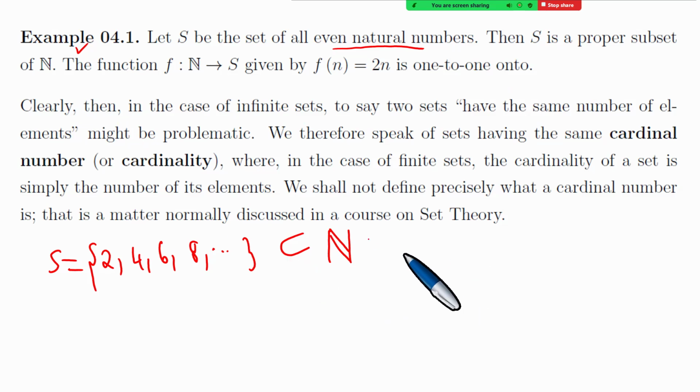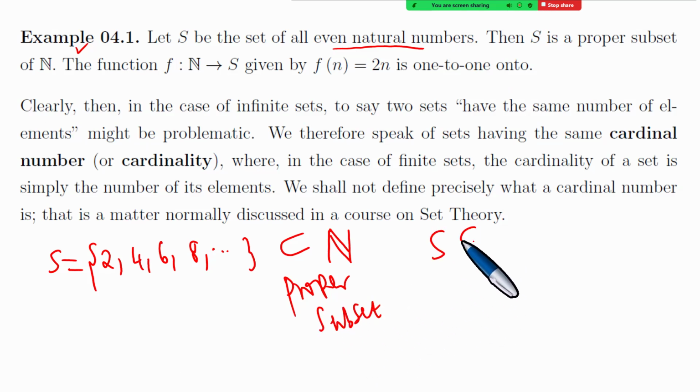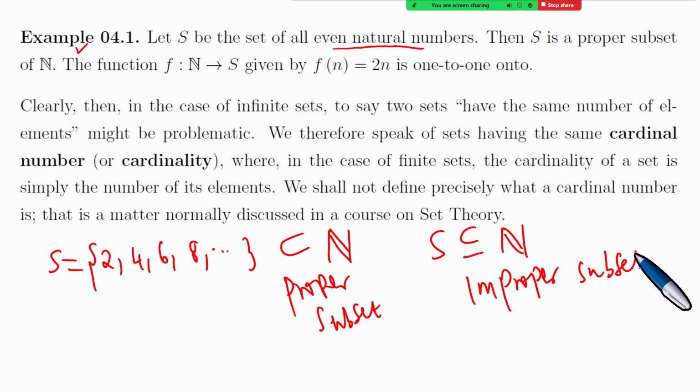It's a proper subset, and this other one is an improper subset. The function f from N to S given by f of n equals 2n is one-to-one and onto.